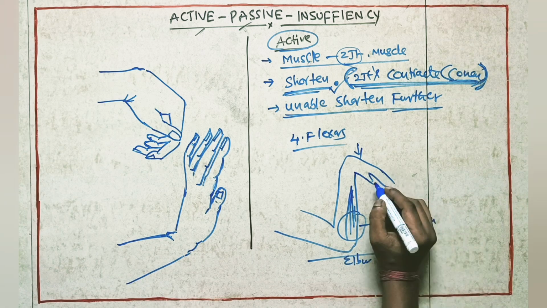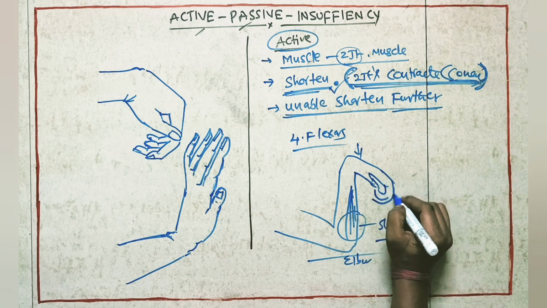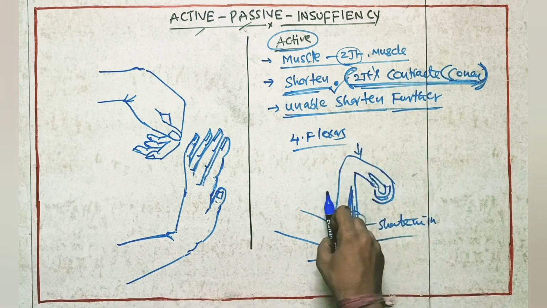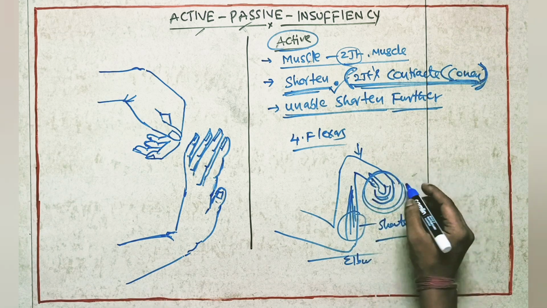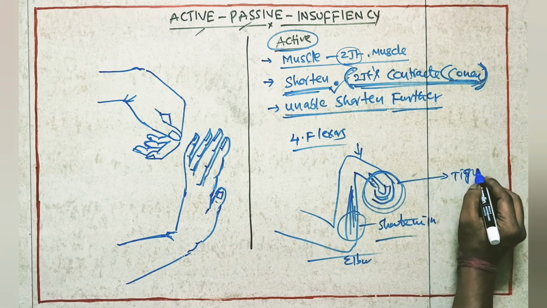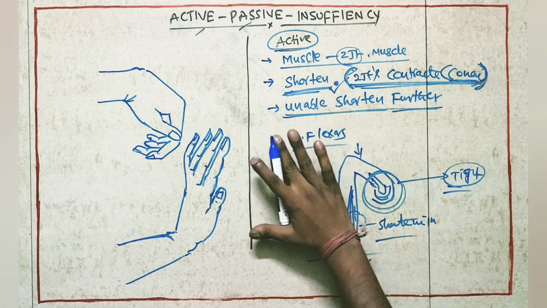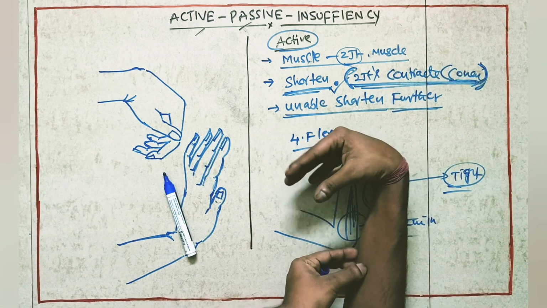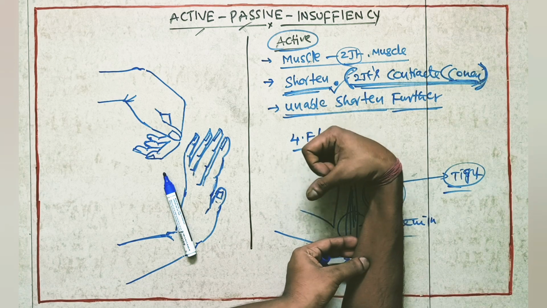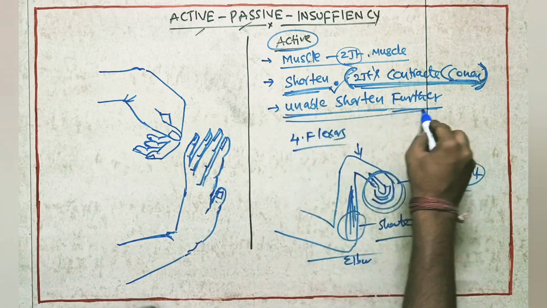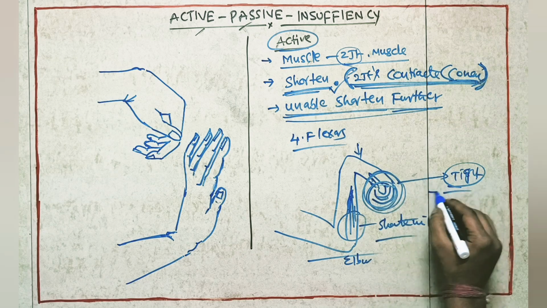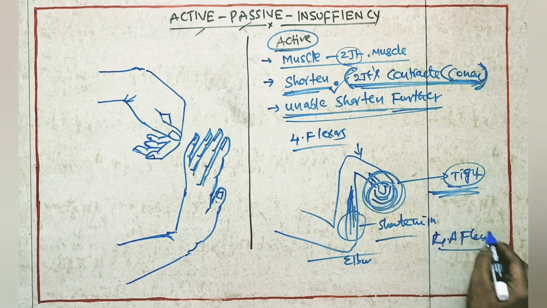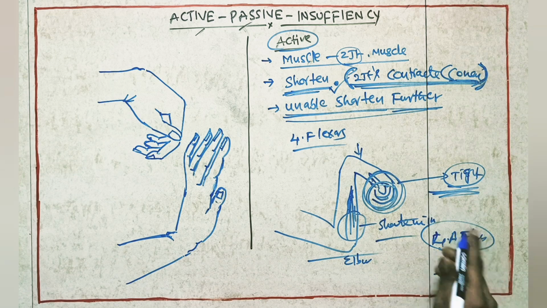After this, if the patient tries to make a tight fist, it will not happen, because the flexors are already shortened. These muscles are unable to shorten further, so a tight fist will not happen. So here the forearm flexors are in active insufficiency.